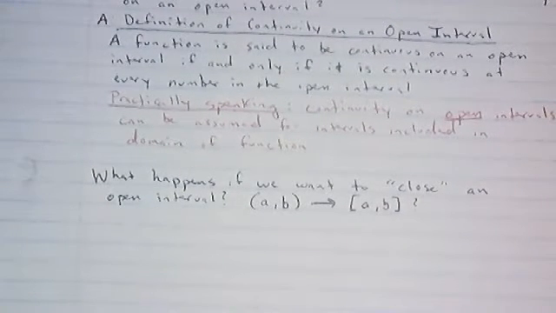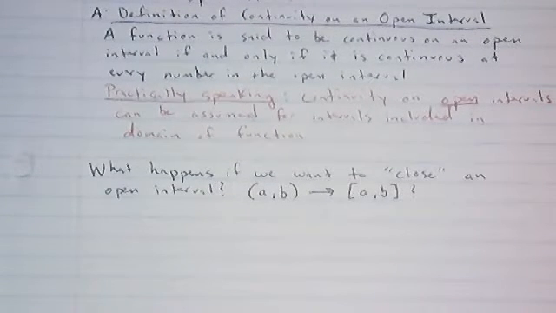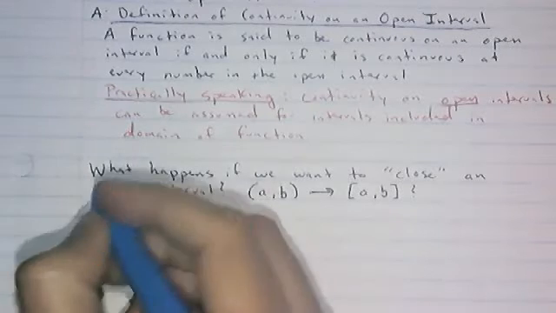Well, let's do an illustration to show why this could be an issue. If you're dealing with an easy function like a polynomial, this is sort of a matter of fact that, okay, yeah, obviously it's continuous on that open interval, and we can close it because we know that it's continuous at every number, including A and B. But sometimes it's not quite that straightforward, which we'll see in illustration 1.